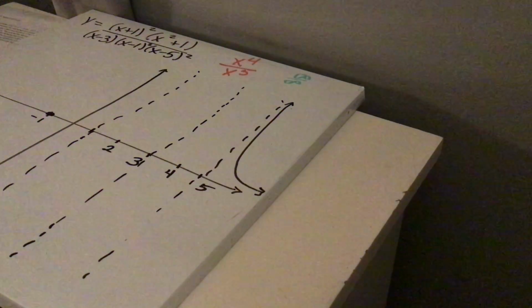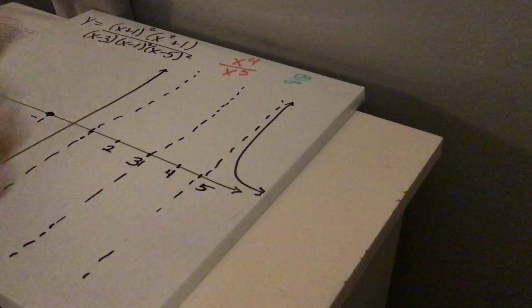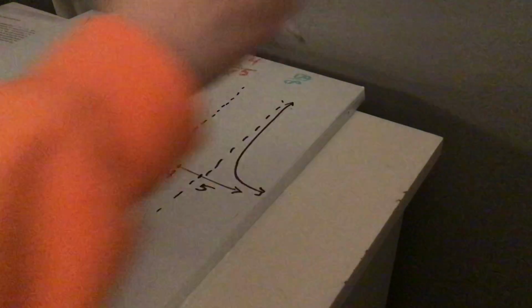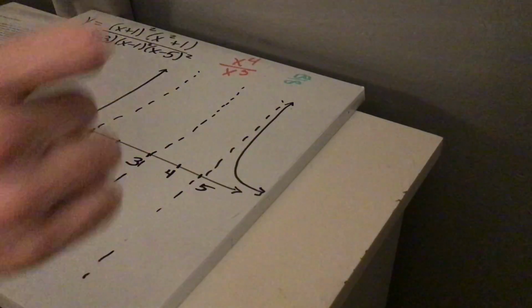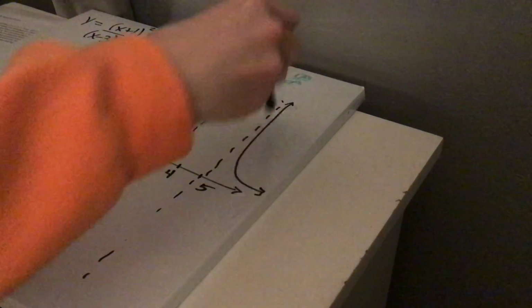Okay, so what happens in there? You can look at your asymptotes too.